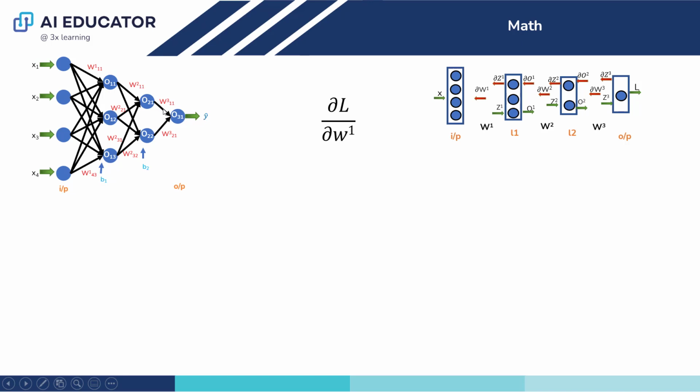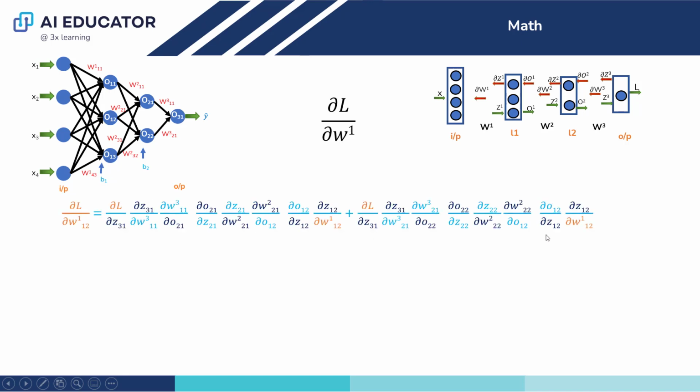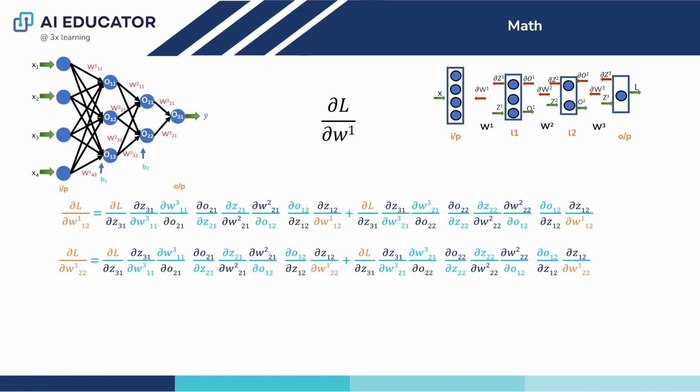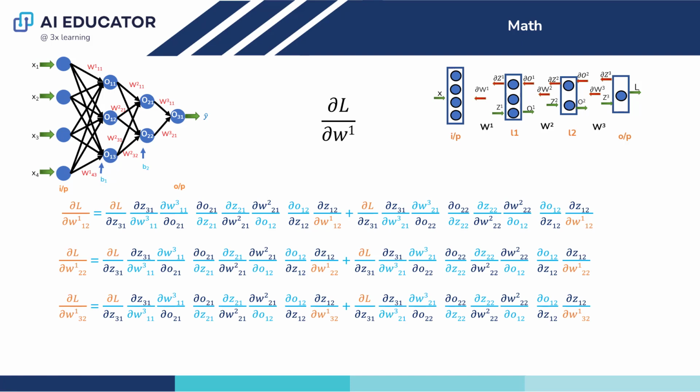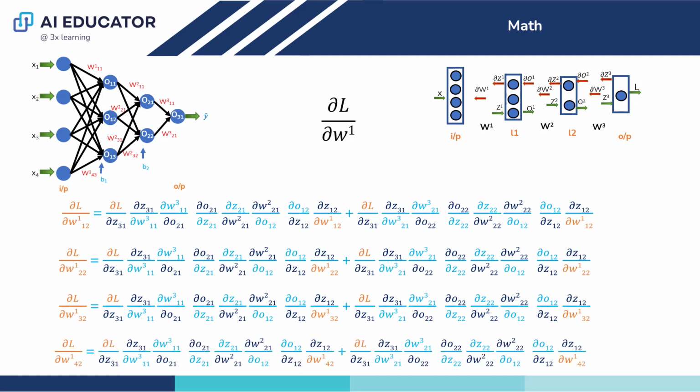One going from here and from there to this node, okay, and here, or going from this node to this node, again from this node to this node, and the weight layers or the connections here. For ∂W112, we can get this equation, and here also we have a plus because we can go in two ways. In a similar way, we can calculate ∂L/∂W122, ∂L/∂W132, and ∂L/∂W142.